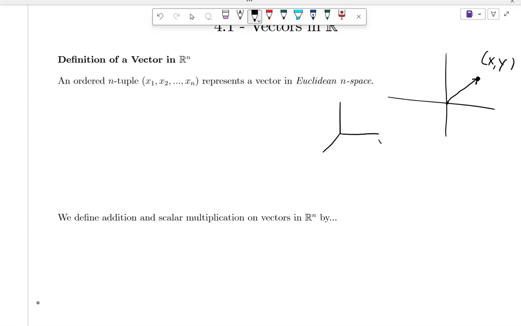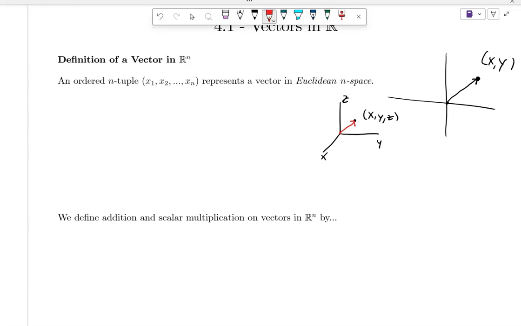If you've got an x-axis, a y-axis, and a z-axis, and then again, if you've got some point (x, y, z), that could describe where that point is in space, or again, it could be the terminal point of a vector, starting at the origin and going out to the point (x, y, z). So we've got a couple of different ways to think about it.